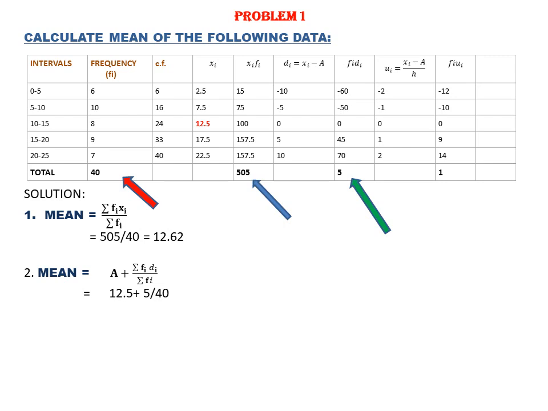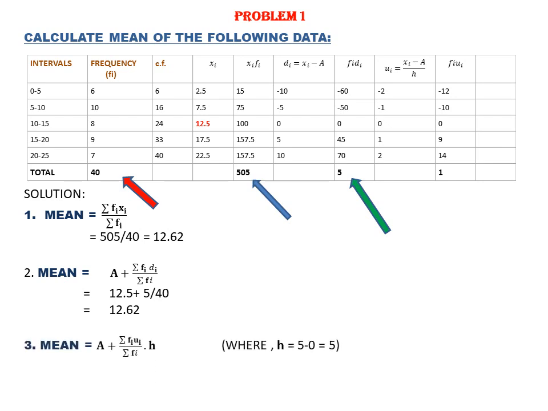So summation of fi di is 5 upon summation fi, which is 40, the red arrow. So you'll calculate it and you will get 12.62, the same answer, same mean. Approximately there might be a small difference, but it has to be the same, right?